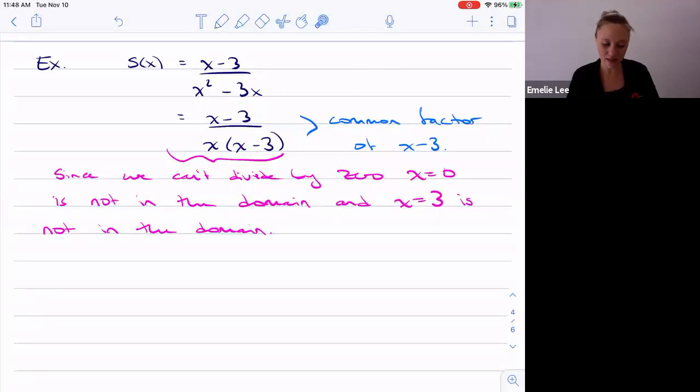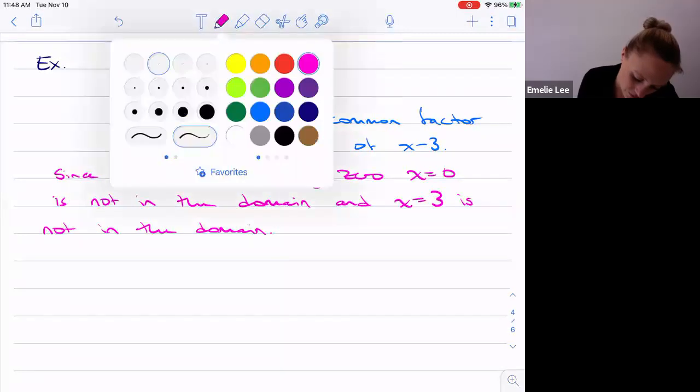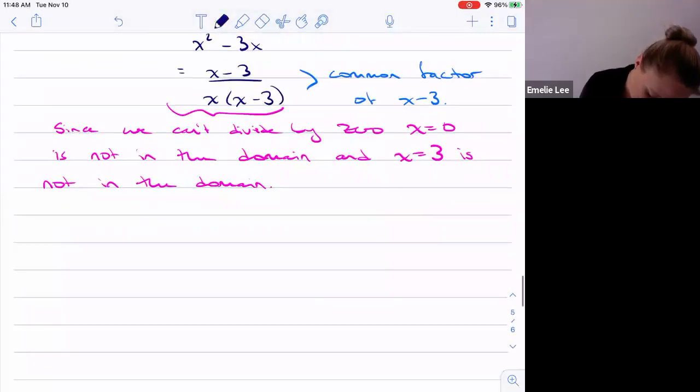Even when we cancel x minus 3, which we're allowed to do, we're allowed to simplify this, remembering that this is the original equation, x equals 3 can't go into the original equation. And so it's not in the domain, even if it's simplified. So what we get is x minus 3, I'll put it in brackets just to emphasize that they're the same, x minus 3.